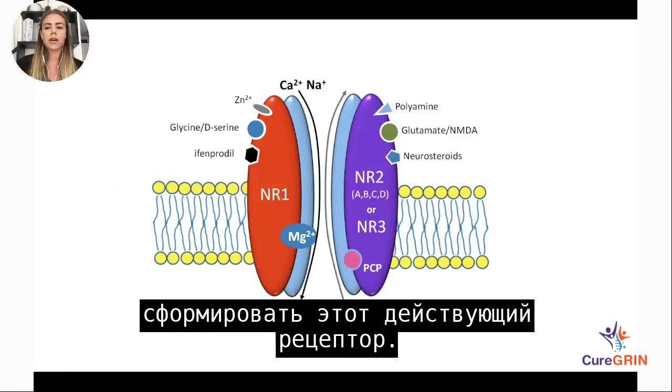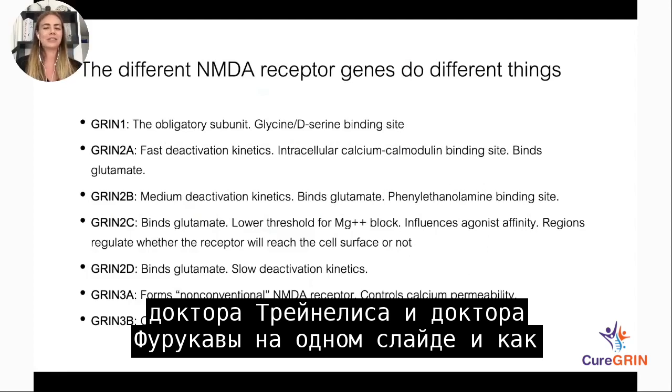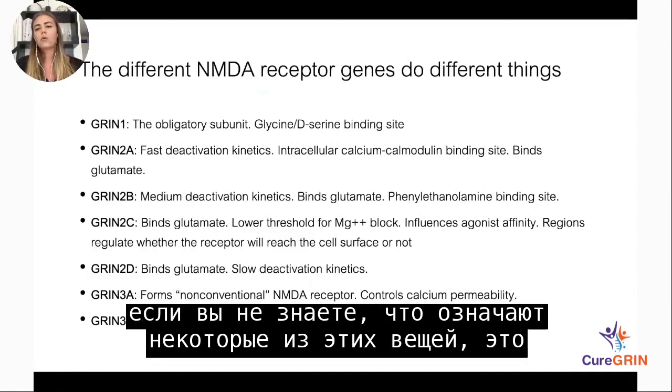in order to form this actual functioning receptor. So I just wanted to simplify the life's work of Dr. Traynelis and Dr. Furukawa into one slide and give you an overview of what each of these genes does. And if you don't know what some of these things mean, that's totally okay.